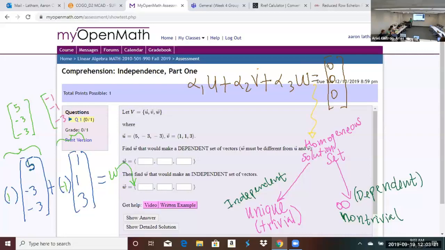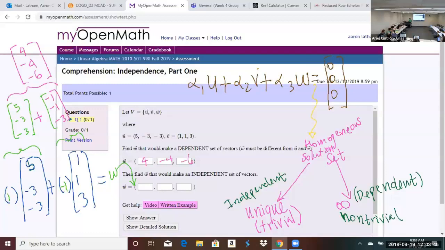Yeah. So when we add these two together, we have 5 minus 1, that's 4. Minus 3 minus 1 is minus 4, and minus 3 is minus 6. So that's what we should write here: 4, minus 4, minus 6.